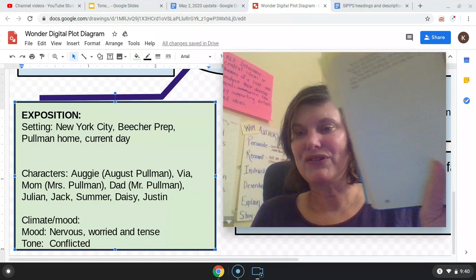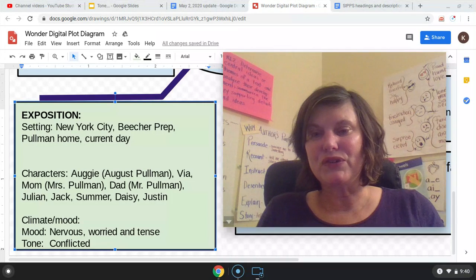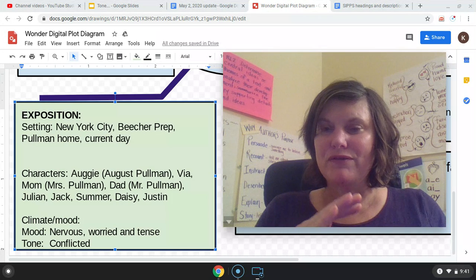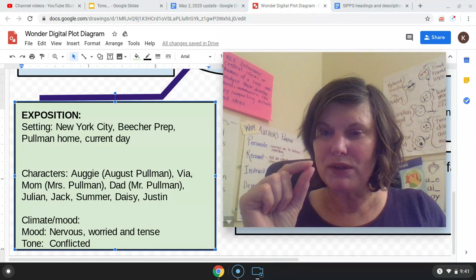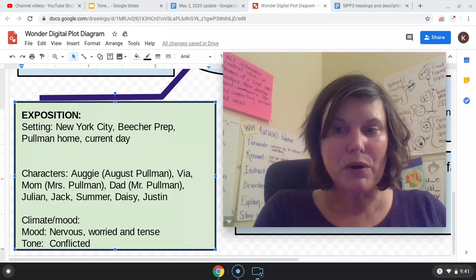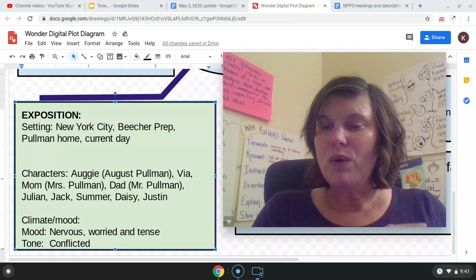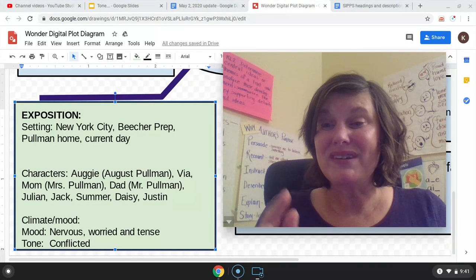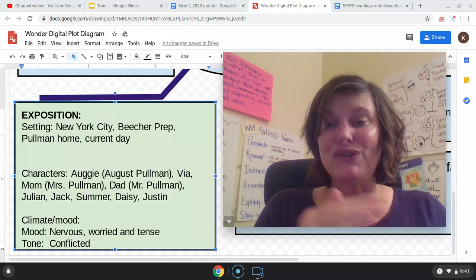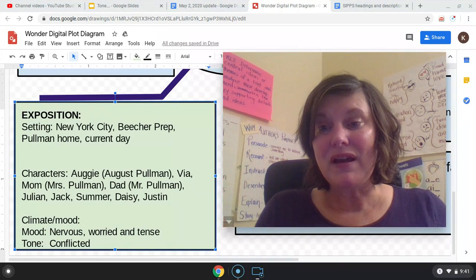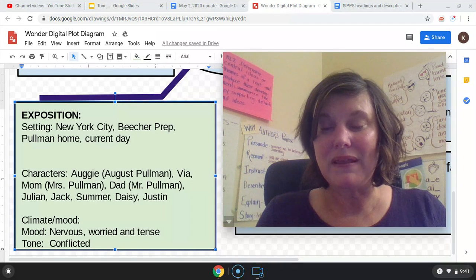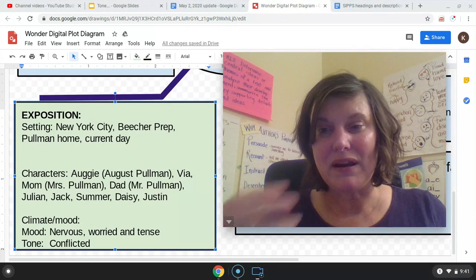Part 8, August. So now it's back to August's point of view. You know what? The section from Miranda's point of view was a really short section, but if the author hadn't written this story from her point of view for that little part, we would have never known that Miranda wasn't actually sick, that she actually pretended to be sick so Via could have her moment in the spotlight, so to speak, because she saw her whole family there, really excited to be there.